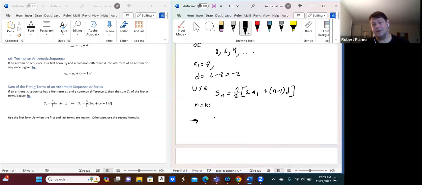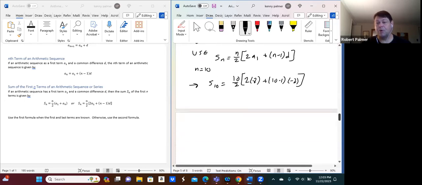And so this is going to give us S10 is going to be 10 over 2, then times 2 times 8, plus 10 minus 1 times d, which is negative 2, and then we just have to simplify this. So remember, order of operations, do it inside these brackets first, and of course inside the little parentheses. We can also do this outside without interfering with the order of operations. So 10 divided by 2 is 5.